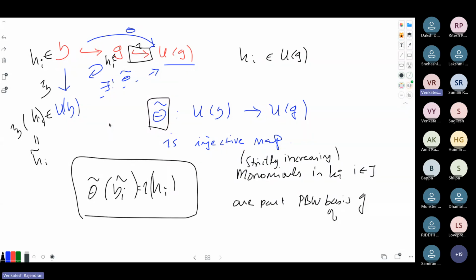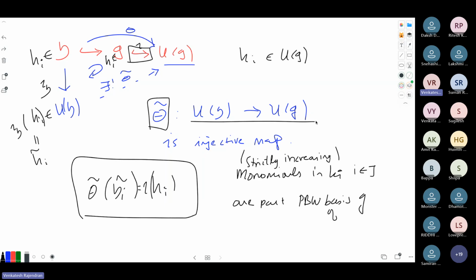If there is something in the kernel, you just look at its image there. That must be a linearly independent set which is having some linear relation, so that will force all the coefficients to be zero. So that tells you that this map is indeed an injective map.